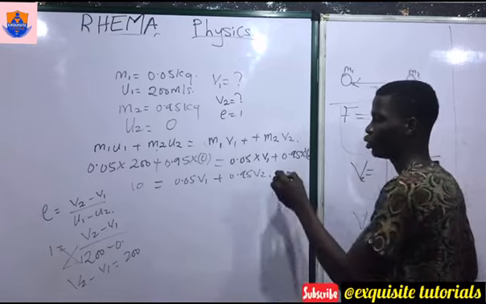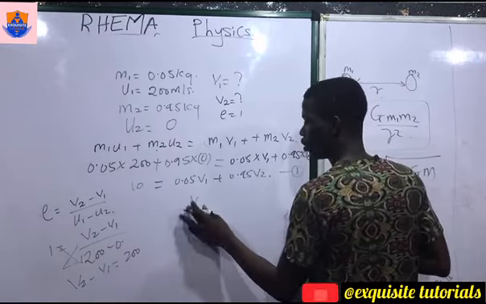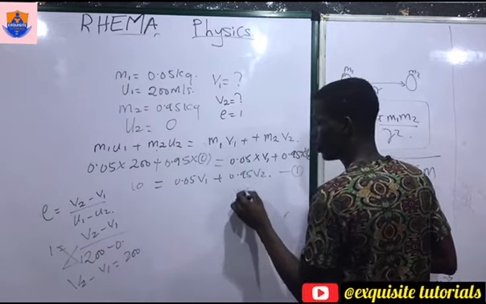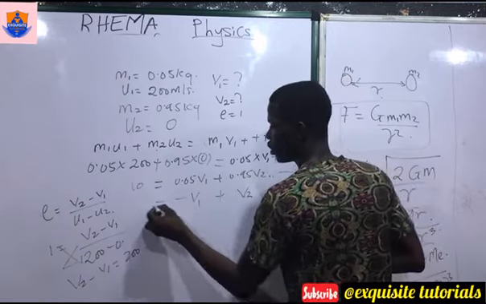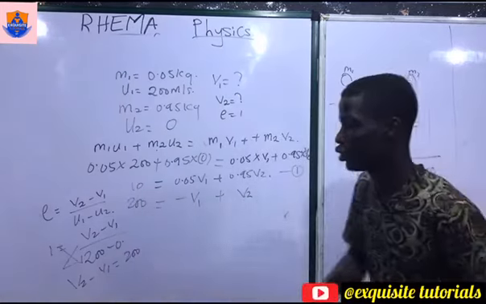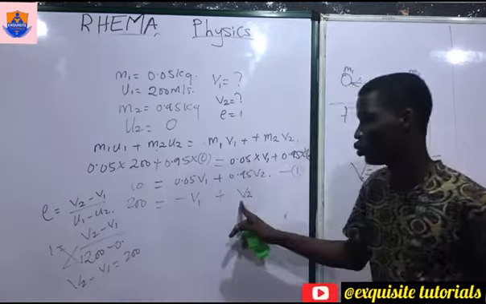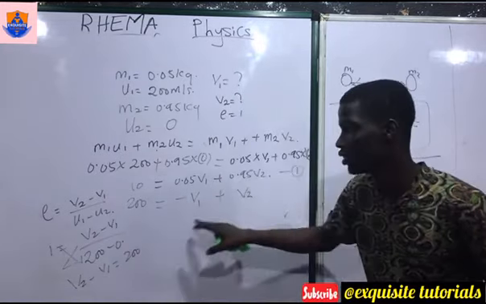So we are having two equations here. I can also convert what I wrote here: v2 is bearing a positive sign at the front, then v1 is bearing a negative sign, equal to 200.